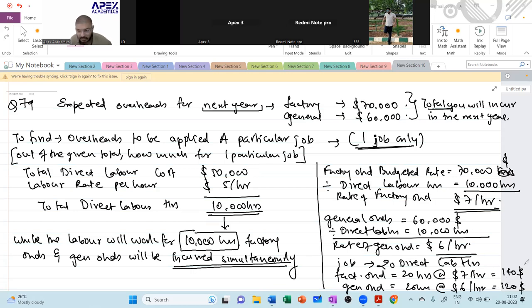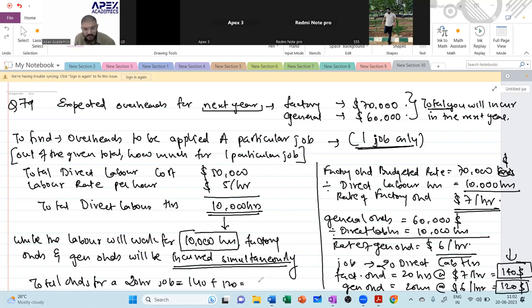Factory overheads allocated to this job: $140. General overheads: $120. Total overheads for a 20-hour job: 140 plus 120, which is equal to $260.